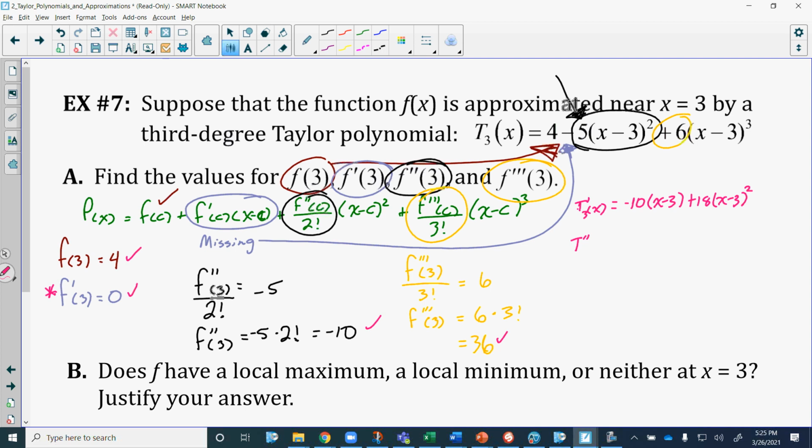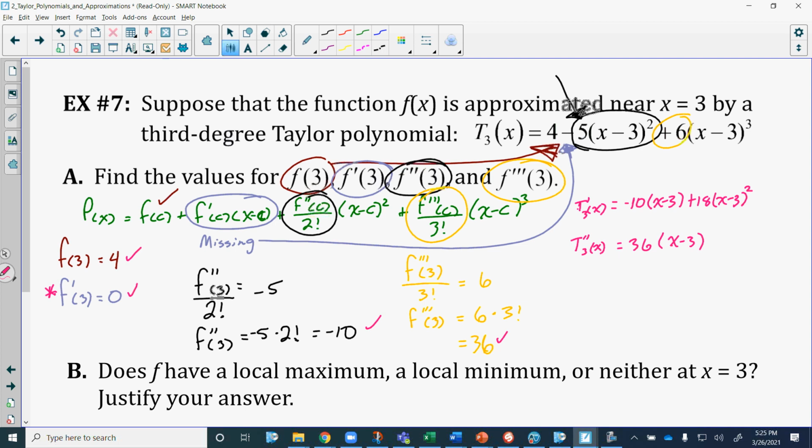If I go to the second derivative of the Taylor polynomial, continuing on, this is really just a constant, the way that we're looking at it, and we're going to end up with 36 times x minus 3 to the first power. Well, again, if I'm evaluating this particular second derivative at 3, you're going to look at it and say, well, the parentheses goes to 0, so the whole thing goes to 0, kind of like the first derivative did.